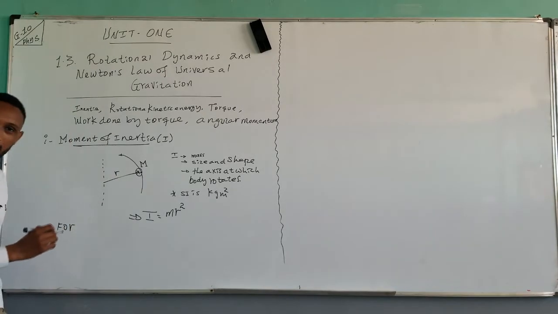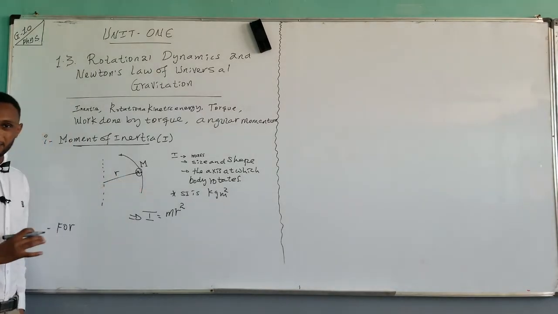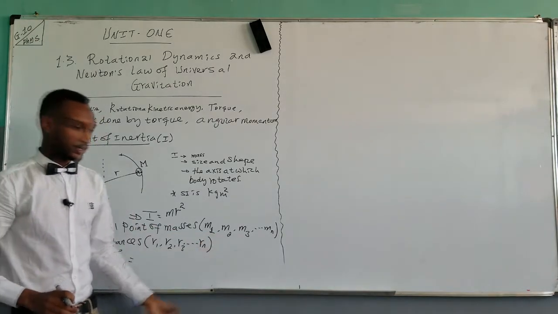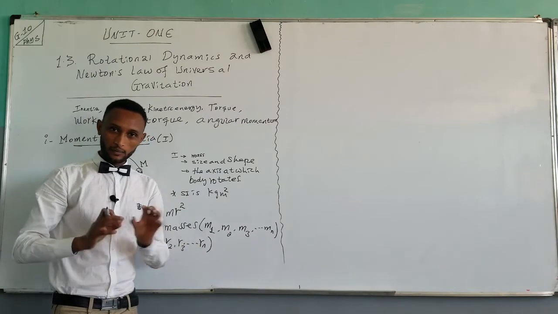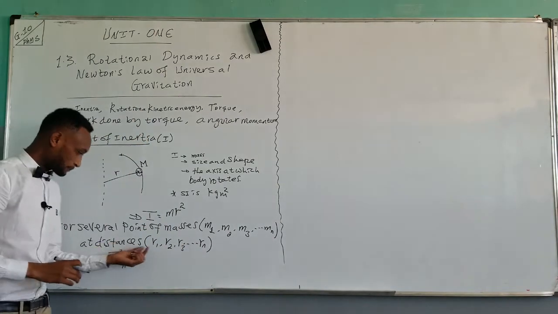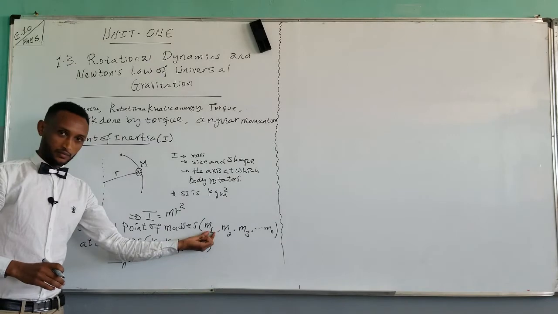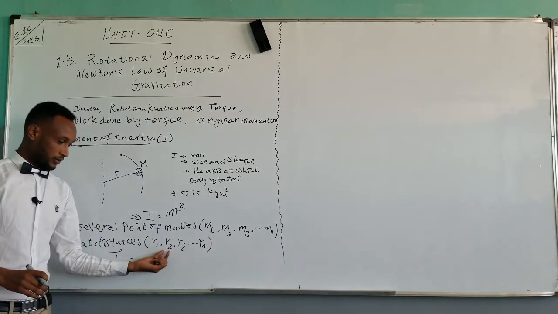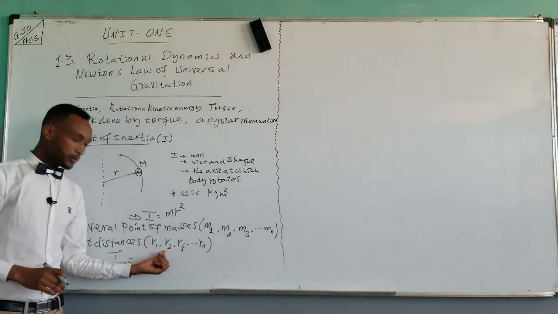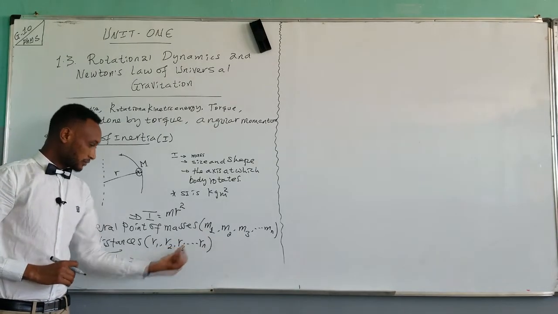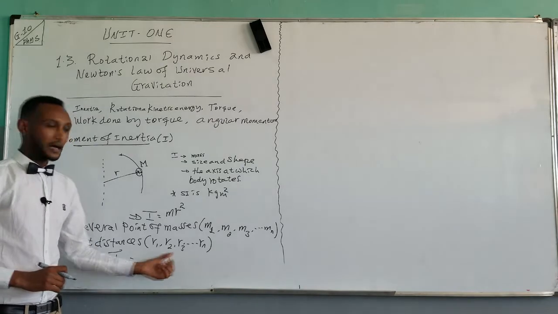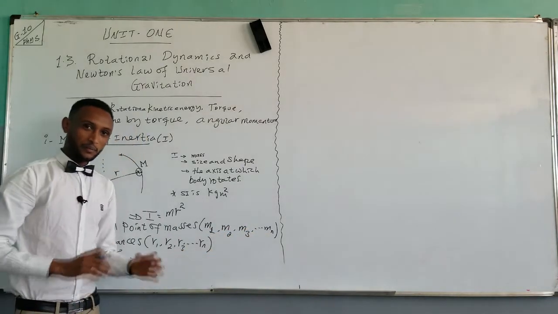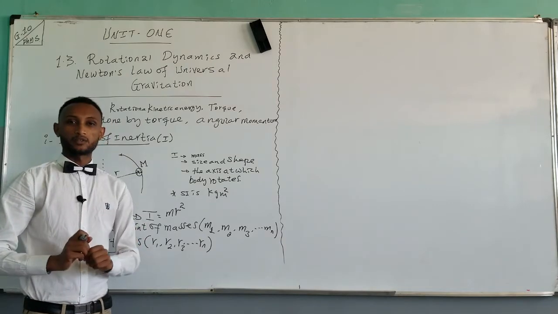For several masses m1, m2, m3 up to mn, at distances r1, r2, r3 up to rn respectively, you can find the total moment of inertia.